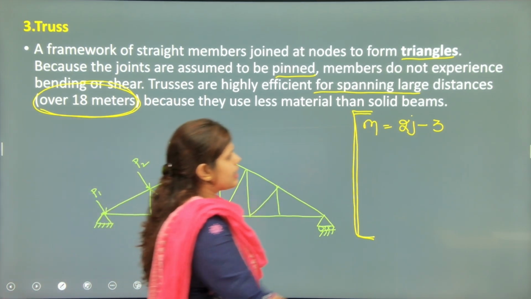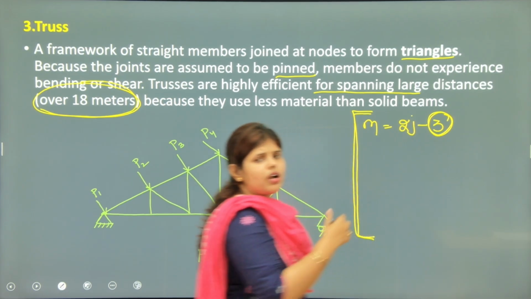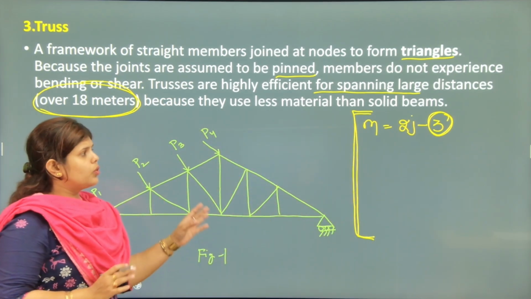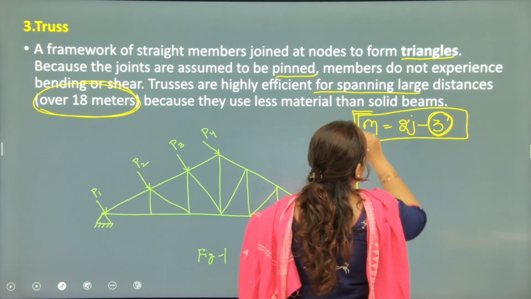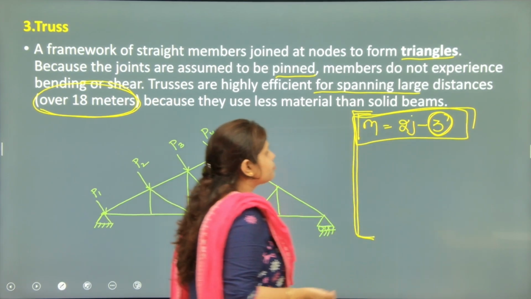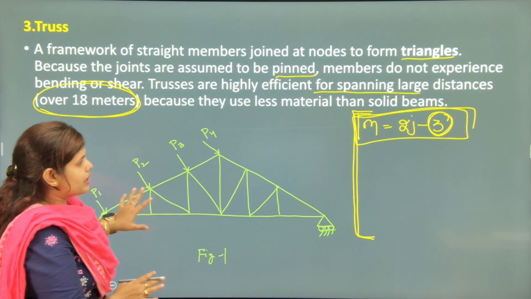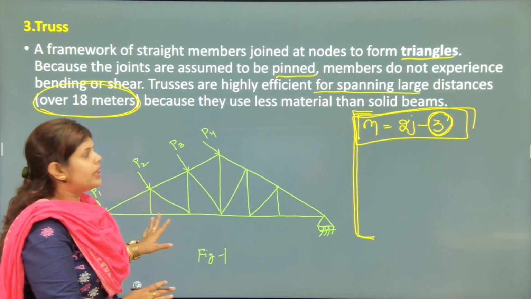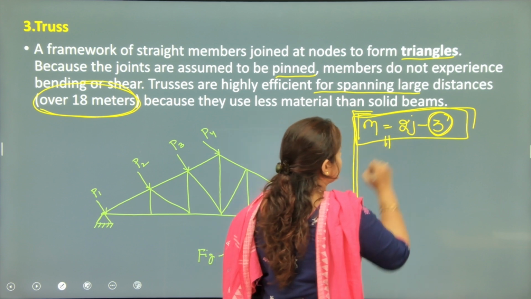For equilibrium we have taken this, but we don't need the analysis here. We don't need to know why m equals 2j minus 3. We just need to know whether the truss is statically determinate or indeterminate, and everywhere this formula is used.